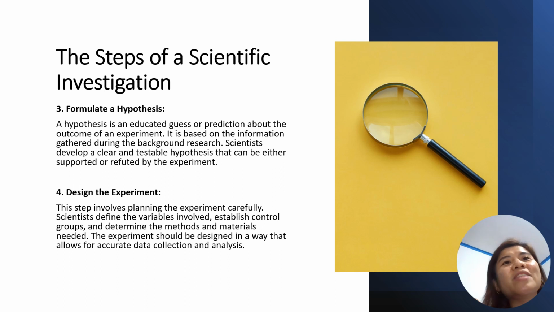The dependent variable depends on the outcome of the independent variable. For example, if you are measuring how the amount of sunlight affects the growth of a type of plant, the independent variable is the amount of sunlight. You can control how much sunlight each plant gets. The growth is the dependent variable. So that's the overview of the difference between the dependent variable and the independent variable.